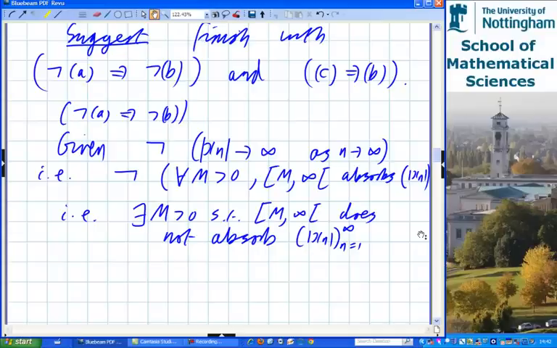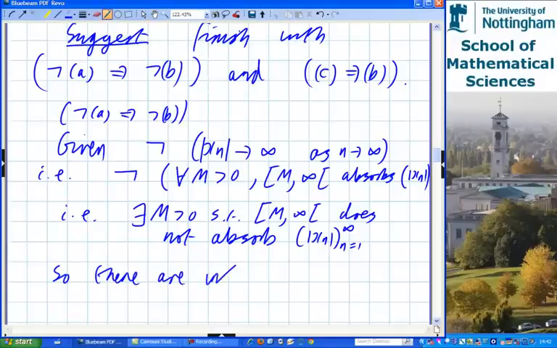Now, what does that really mean? To absorb something means that there are at most finitely many terms of the sequence outside it. To fail to absorb something means there are infinitely many terms of the sequence outside it.